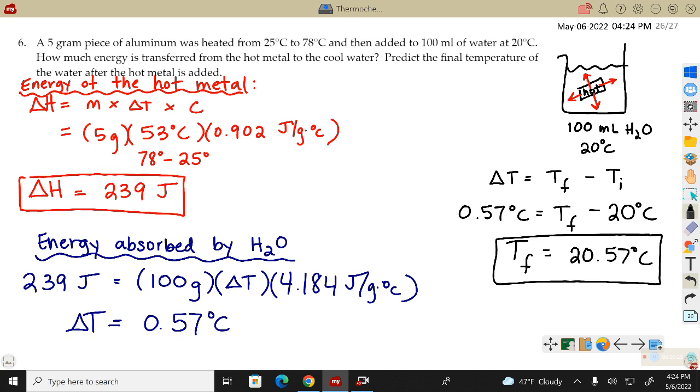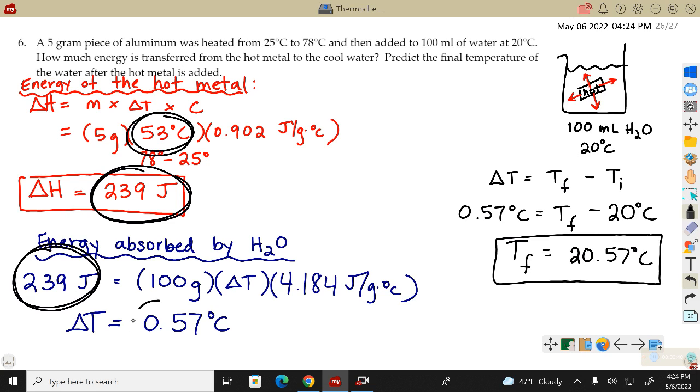That same amount of heat caused about a half-a-degree temperature change for the water. That's interesting, isn't it? Same quantity of heat, but yet the temperature change was not at all the same. 53-degree temperature change for the metal and only a 0.57-degree change for the water.